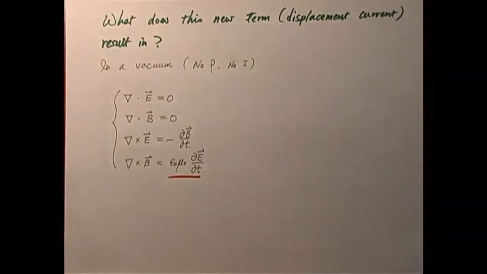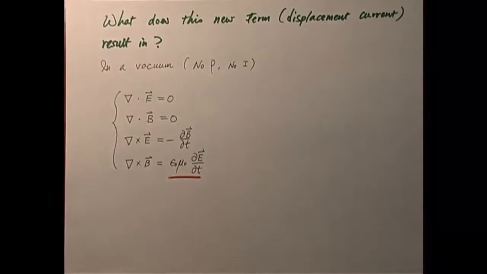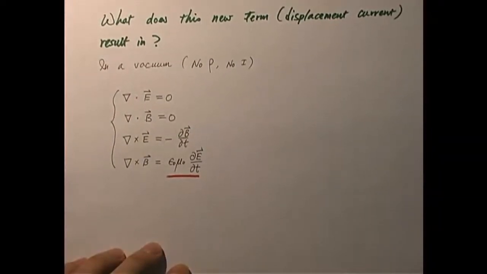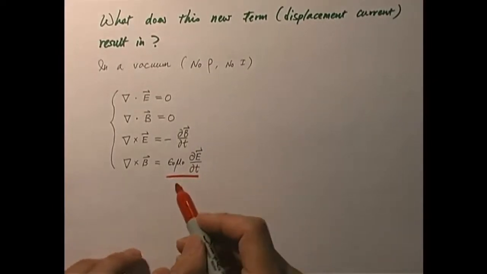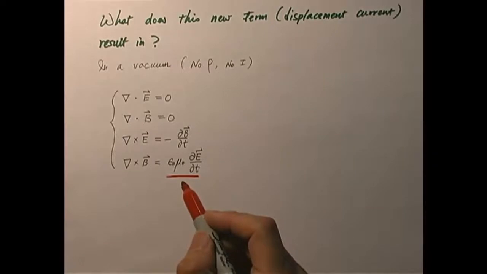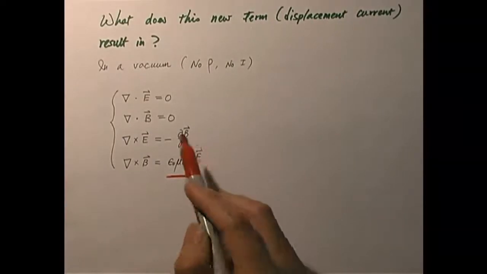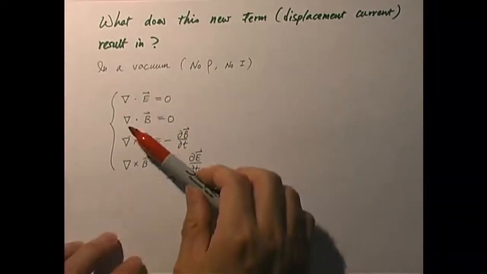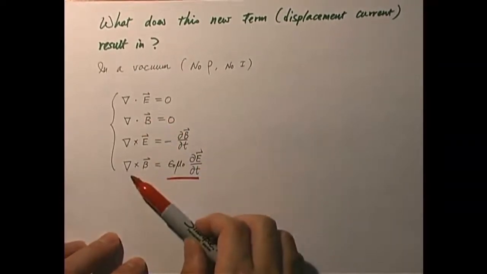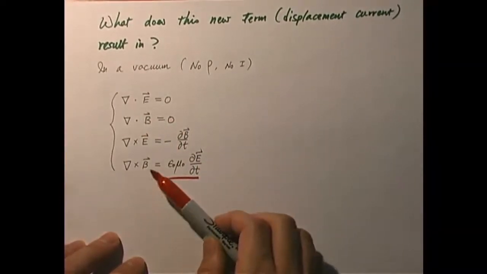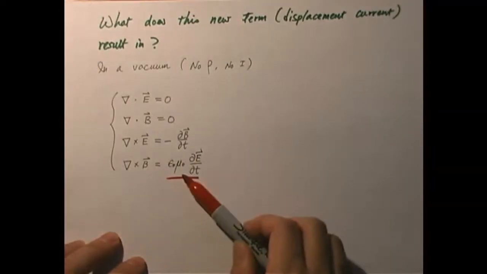Let's see what kind of solution can exist when we solve these differential equations. First of all, if this term did not exist, if Maxwell never discovered the displacement current term, then if you look at the magnetic field, there is no longitudinal magnetic field because the divergence is 0, and there is no transverse magnetic field either because this term would be 0.